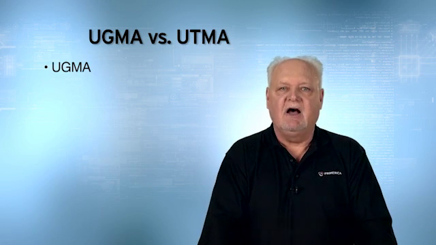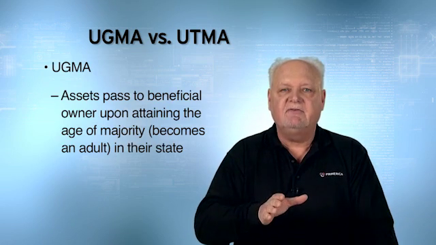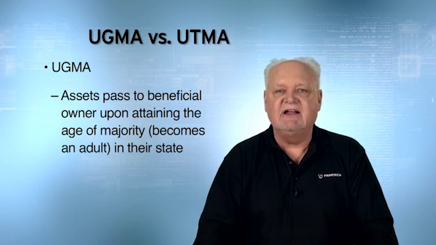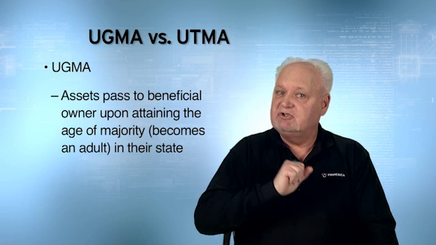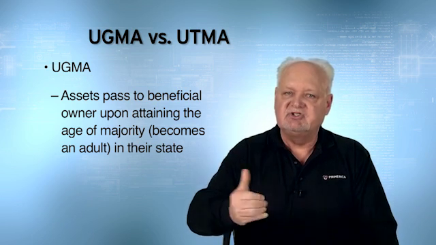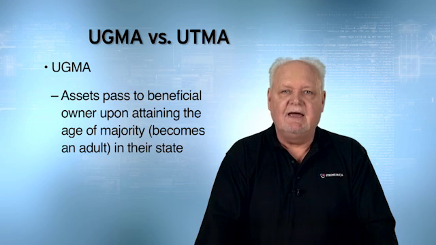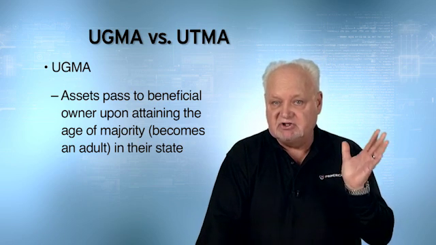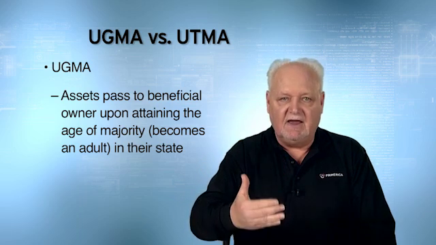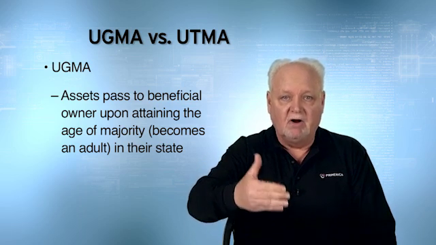With an UGMA account, assets pass to the beneficial owner upon attaining the age of majority. Now, that's language you will probably see on the test: attaining the age of majority. What does that mean? That means when the beneficial owner, the child, becomes an adult in their state, then they become the owner of the assets.